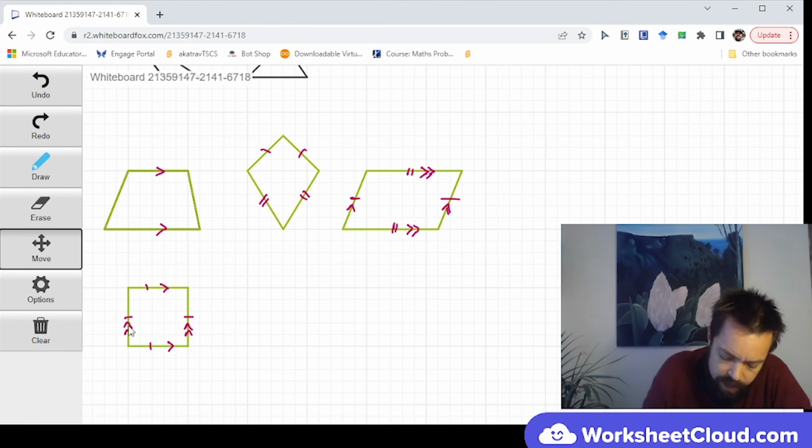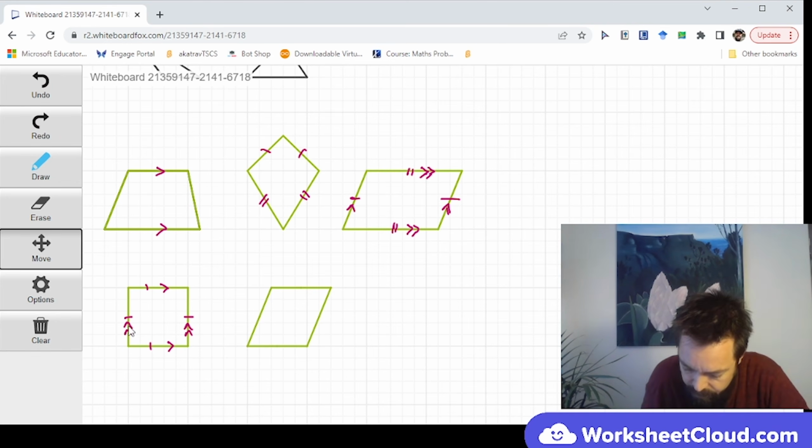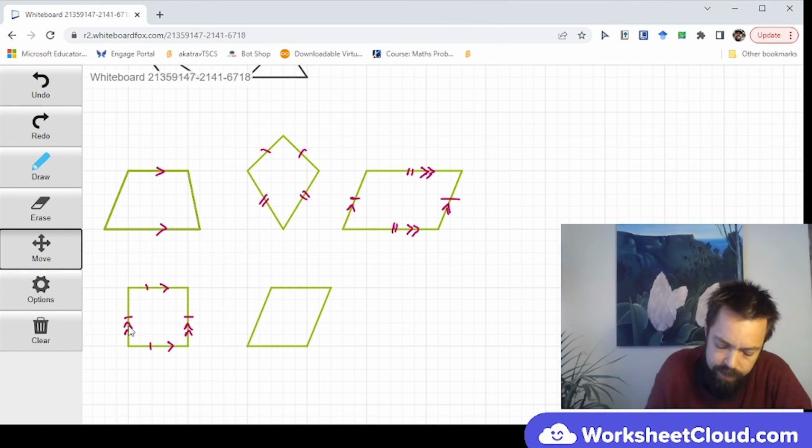All right, we've got two shapes to go. Let's pretend all of those are exactly the same length. That is a rhombus. All the sides are equal, and we have opposite sides parallel.